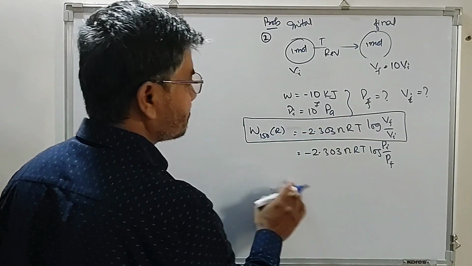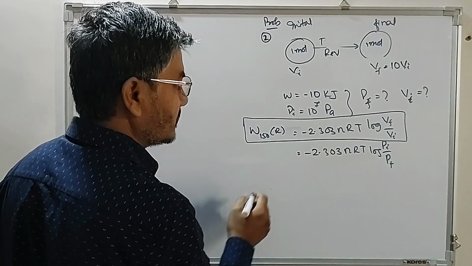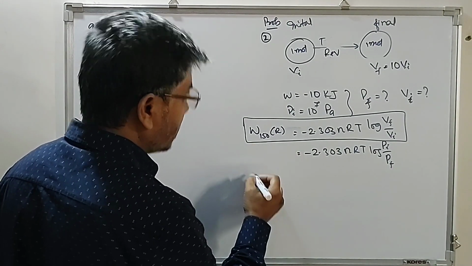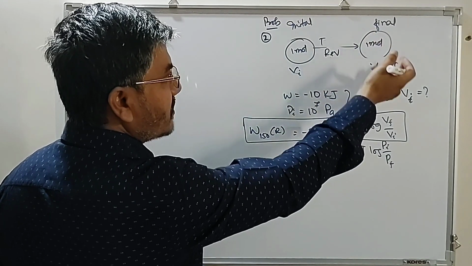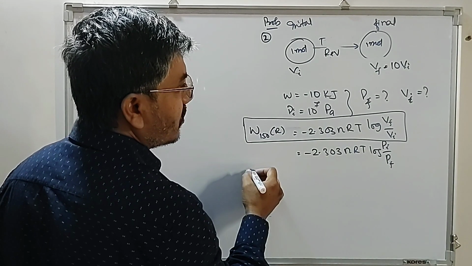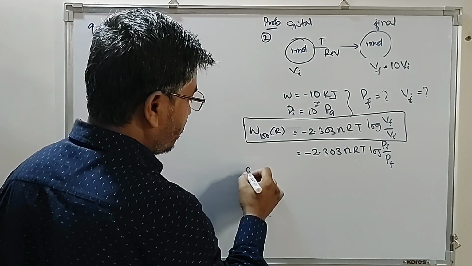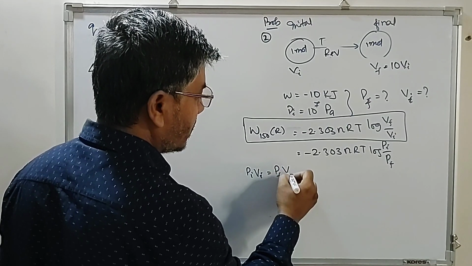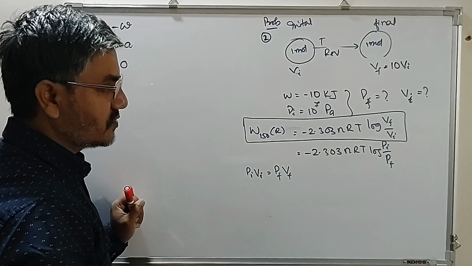So therefore look at this, for this isothermal process, Pi Vi is equal to Pf Vf.